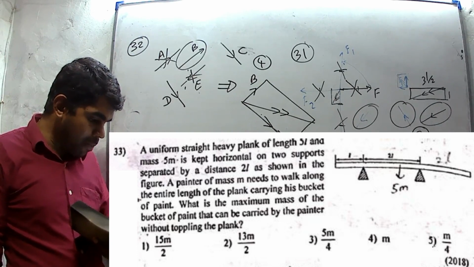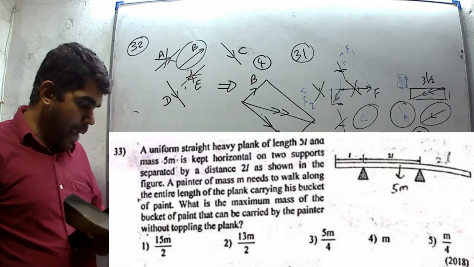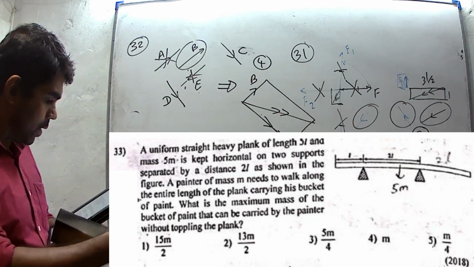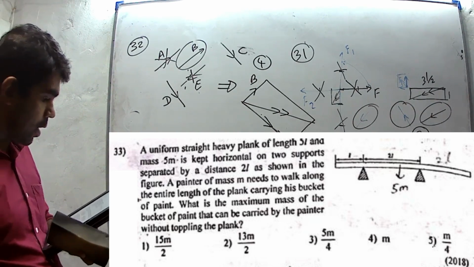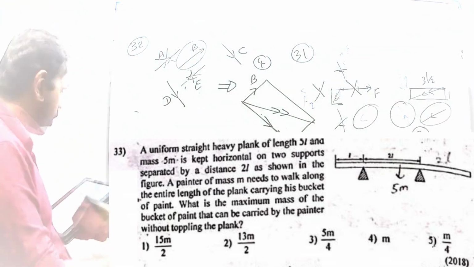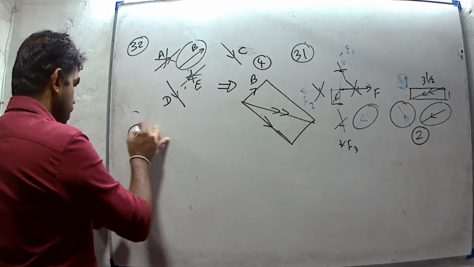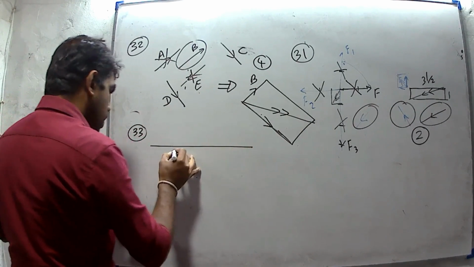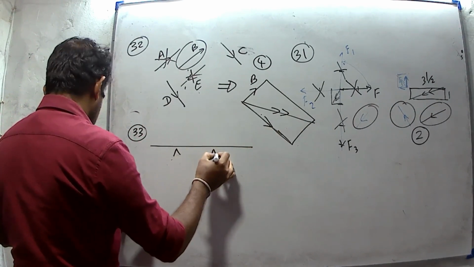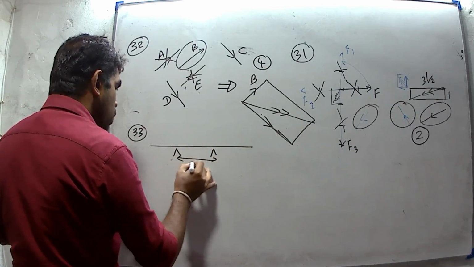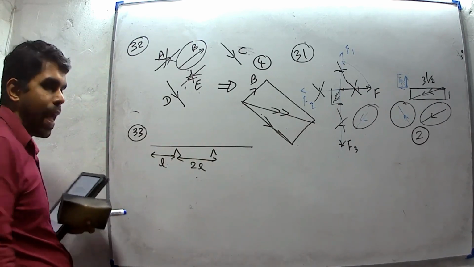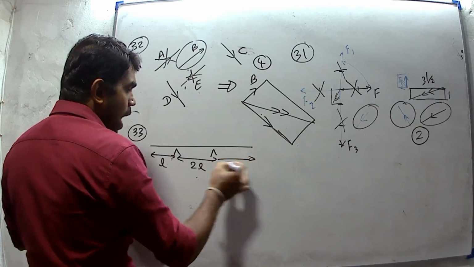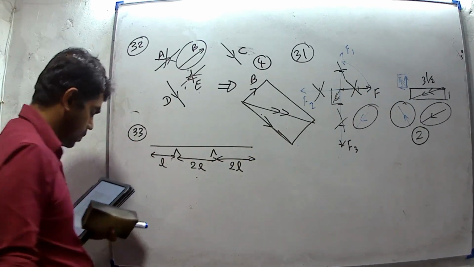What is the maximum mass of the bucket of paint that can be carried by the painter without toppling the plank? Now I will consider there are two supports. This distance is given as 2L. This one is L. The total length of the plank is 5L, therefore this length also should be 2L.